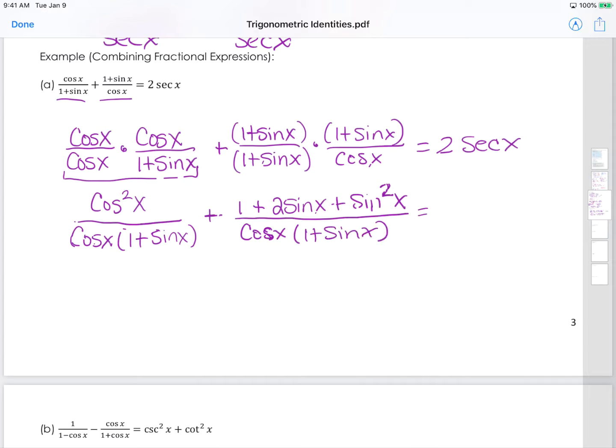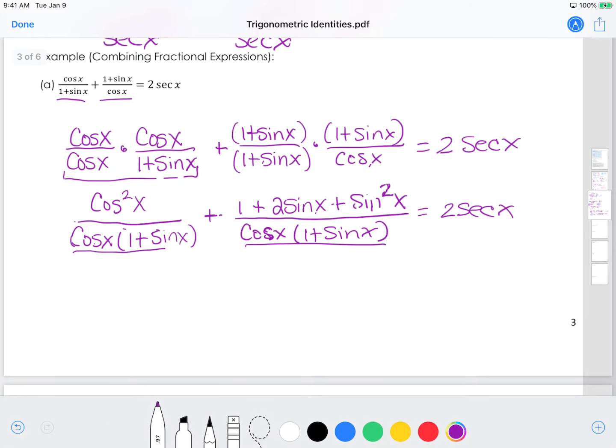And I want to show that that's 2 secant x, so I'm just going to keep carrying this down. Now, because I have a common denominator here, I can combine the tops. If you notice here, I have cosine squared x plus sine squared x. And I know that my Pythagorean identity says cosine squared x plus sine squared x is equal to 1.